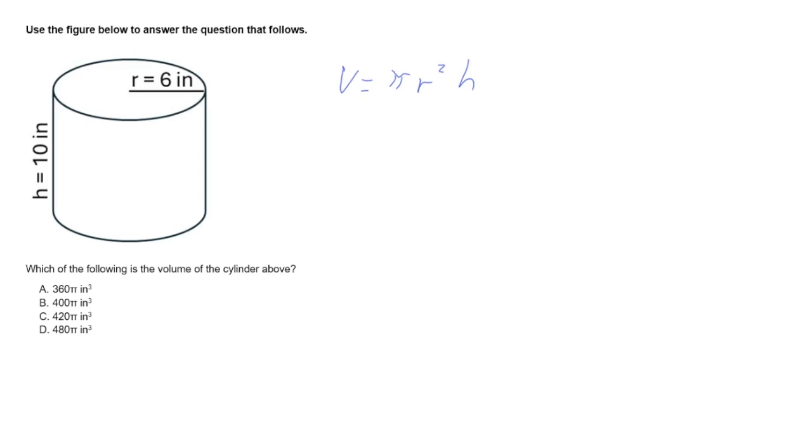So now let's fill in what we know. So pi, and we're given the radius here of 6 inches. So we'll fill that in, 6 inches squared. And we're given a height here of 10 inches times 10 inches.